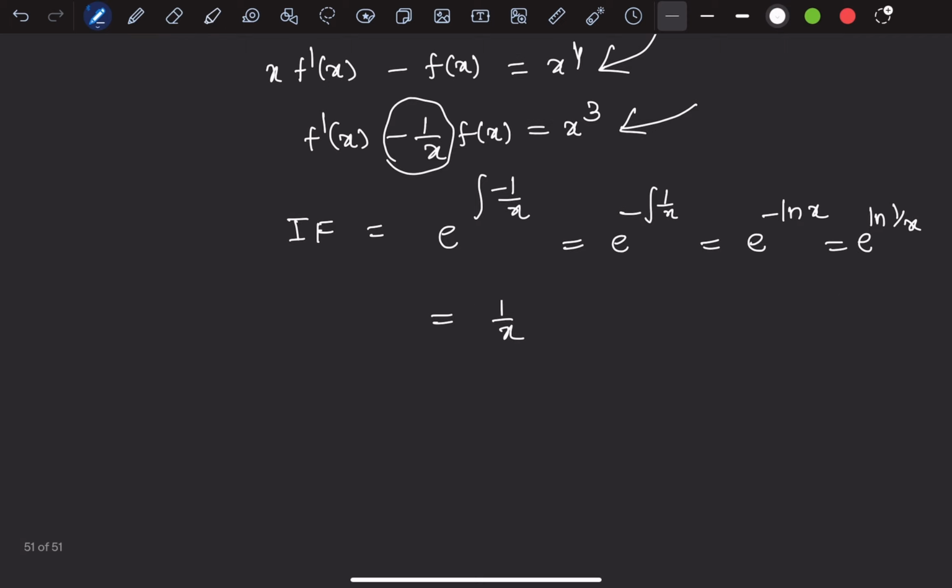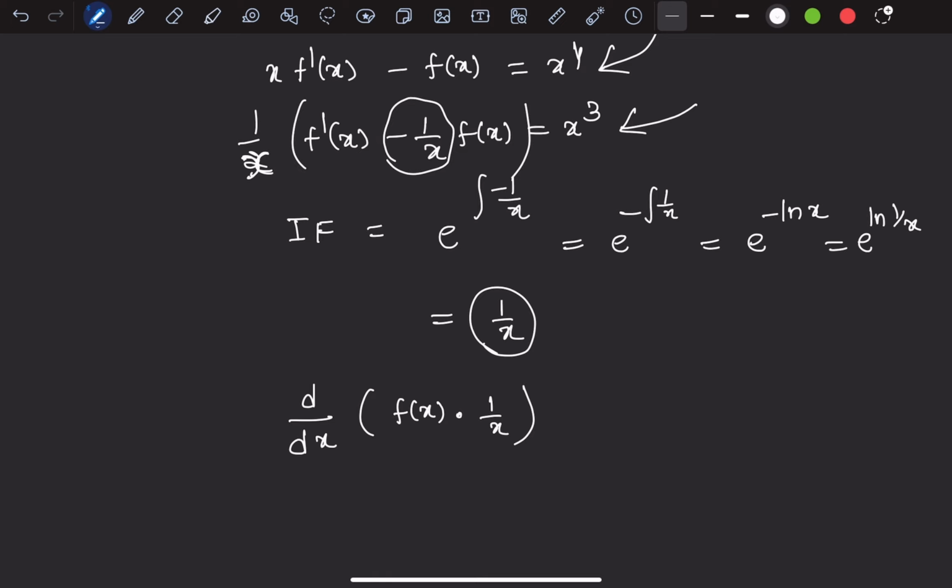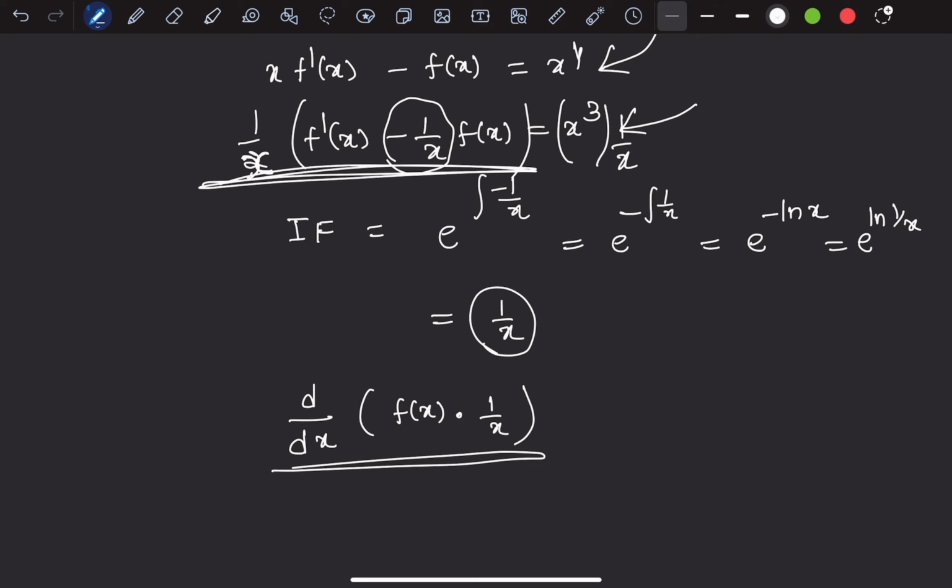So when you multiply both sides of the equation with this particular integrating factor, you will get d by dx of f(x) times 1 by x. So now this left hand side will become d by dx of f(x) multiplied by 1 by x, and your right hand side will become x square.